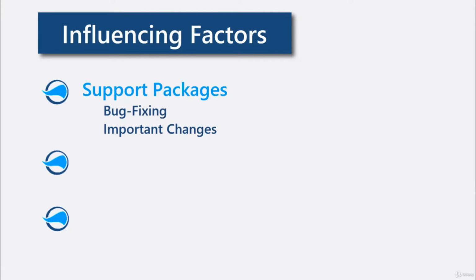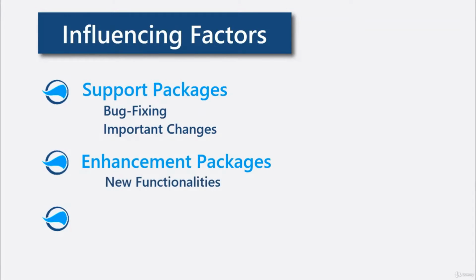So, support packages must be installed. Then, there are the already mentioned enhancement packages that provide new features to the system. If a company wants to use them, these packages must also be installed.